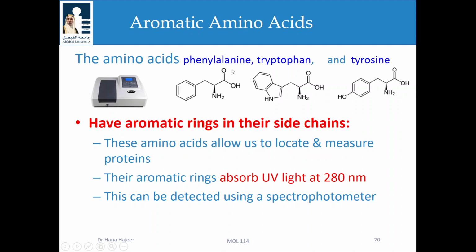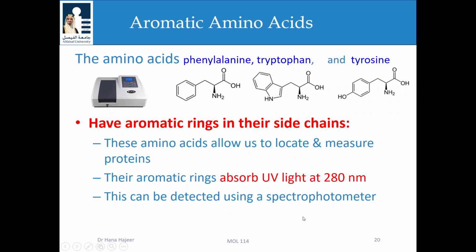Because the aromatic amino acids such as phenylalanine, tryptophan, and tyrosine can absorb UV light at a certain wavelength. So if you put a sample with your protein in this device and expose it to ultraviolet light at a certain wavelength, you can calculate the concentration of this protein sample. And the device is called a spectrophotometer.